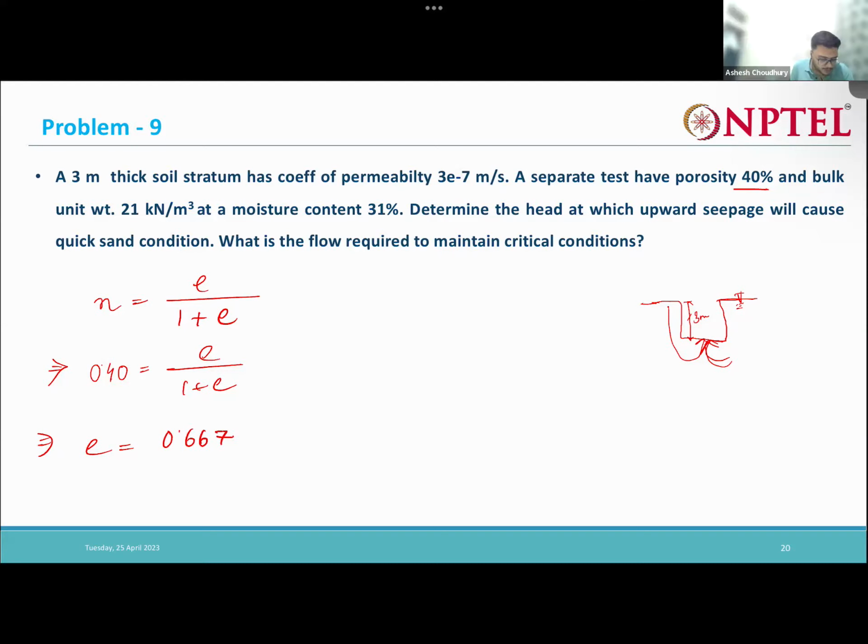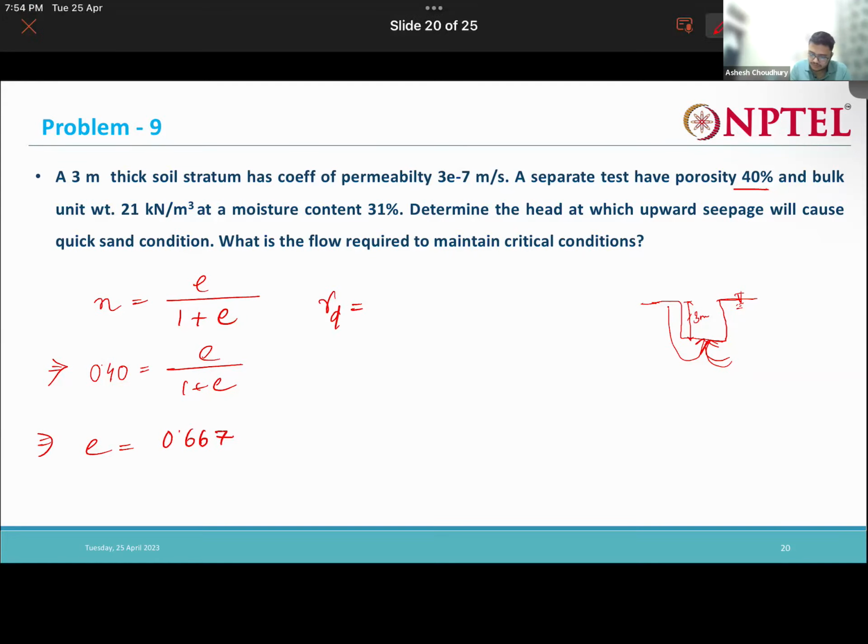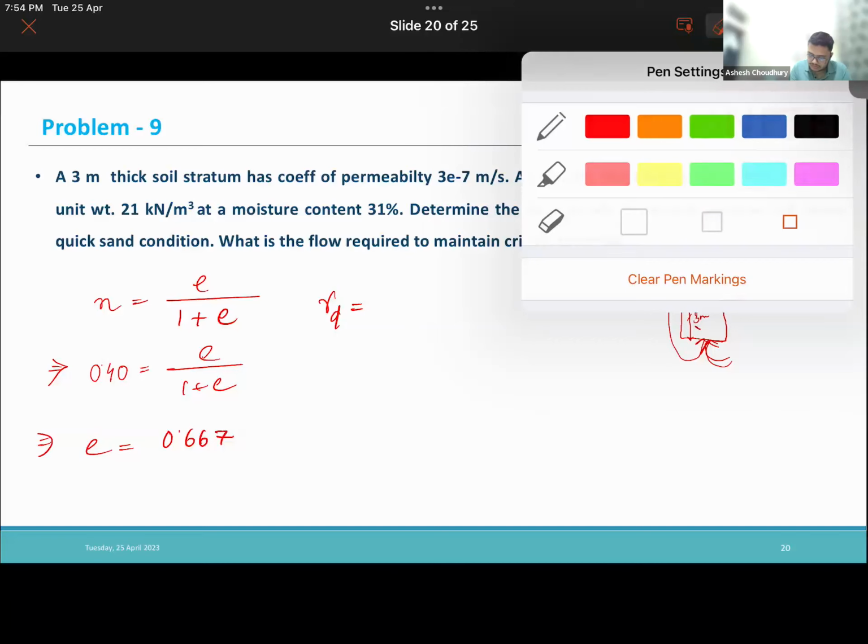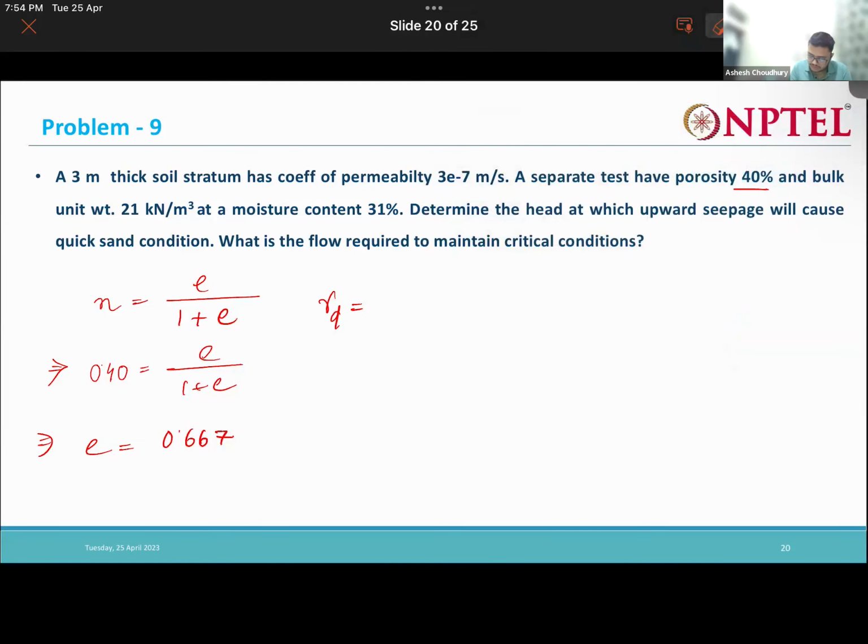Now, what we can do is find out the dry unit weight, gamma d. The bulk unit weight is given. So what was the relation between bulk unit weight, dry unit weight, and water content?